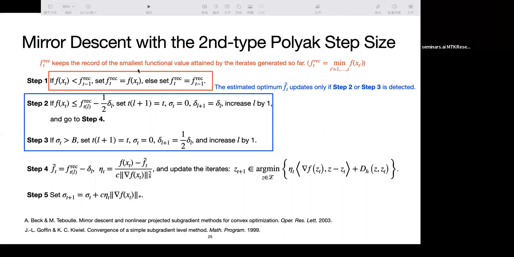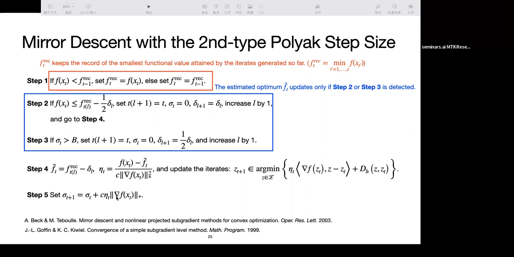And if the current function value drops enough, then we set f_t record as the current function value. If the function value does not drop enough, the algorithm will accumulate the sum of the magnitudes of the gradients scaled by C eta t.